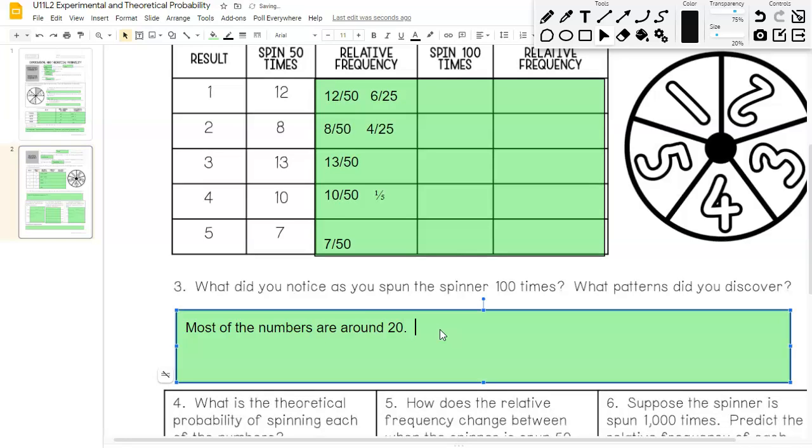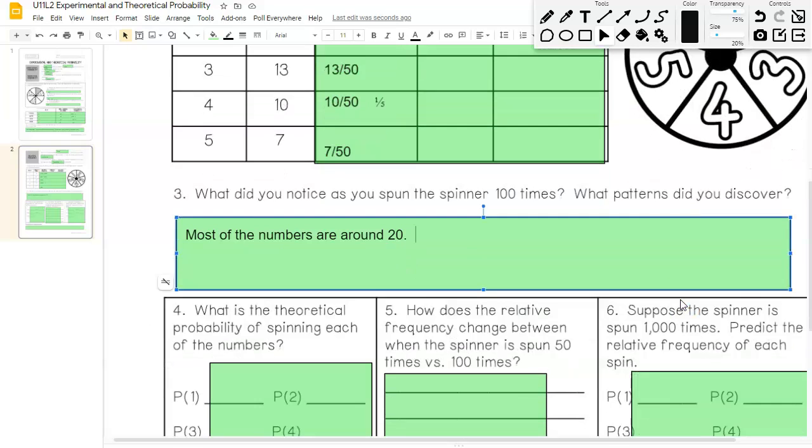Okay, and they're going to get close to 1/5 of the time. And for 100 spins, that's going to be about 20 in each. Now, some might be farther away than others, but eventually, if we did 1,000 spins, they would all be close to 200. Not exactly, but somewhere near.